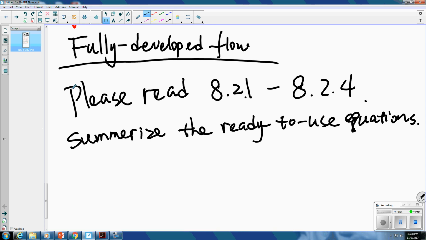The methodology in fully developed flow, we already did using control volume analysis, differential analysis, and so on. So here it's just repeating the examples we have done in class. Please go through them carefully yourself, understand the equations, understand the derivations, and summarize the ready-to-use equations. We are going to talk about some examples using these ready-to-use equations in class.